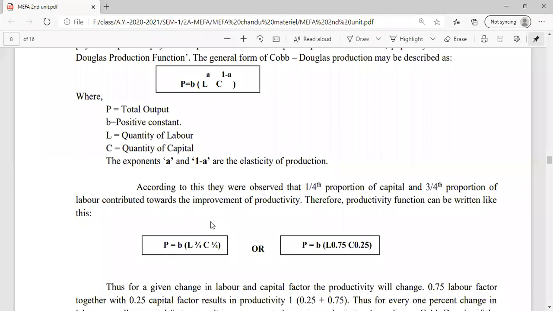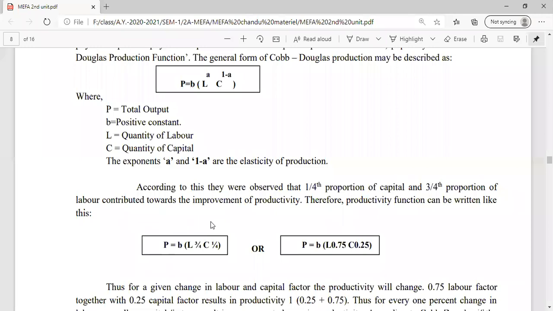If you want to improve the productivity in the correct manner to get the best outputs, the capital has to be increased by 1/4, say 25%, and there should be improvement in the labor by 75%. Do you get now clearly?